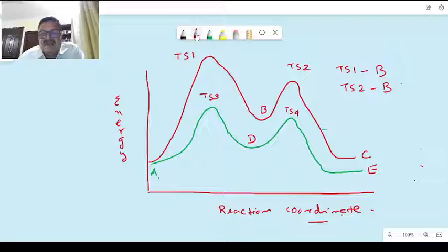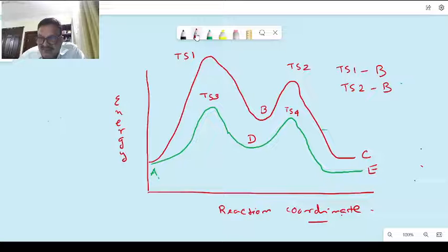The red line, we are just talking about the red line curve. TS1 here, in the first part of the reaction, is closer in energy to B than it is to A, and therefore TS1 resembles or looks more like B rather than A. Now transition state TS2 is closer in energy to B rather than C, so TS2 looks more like B than C. Simple thing.